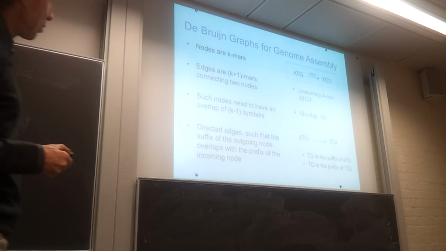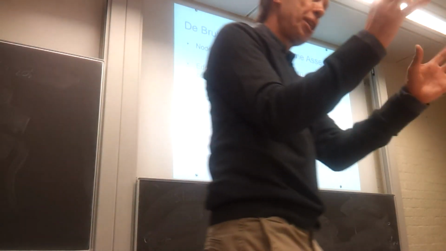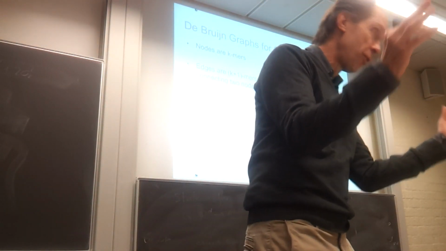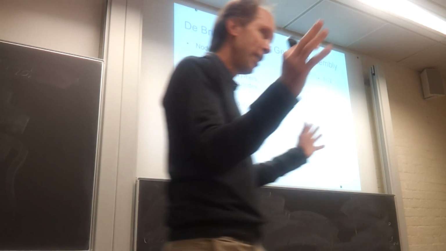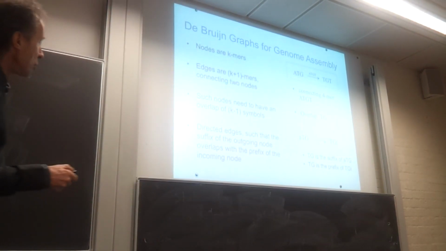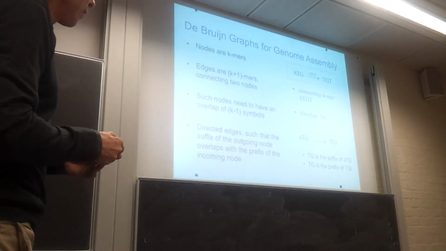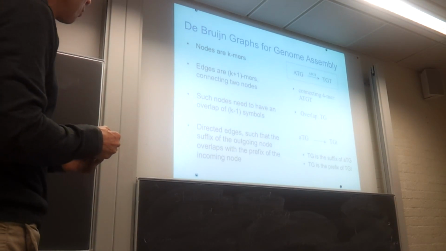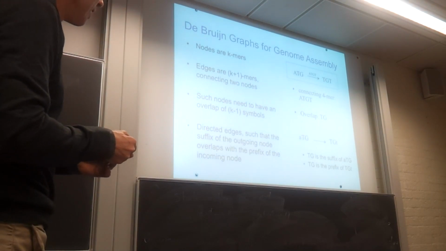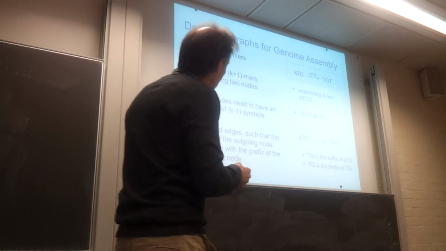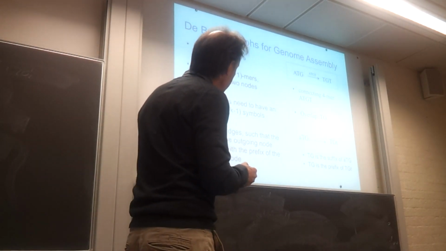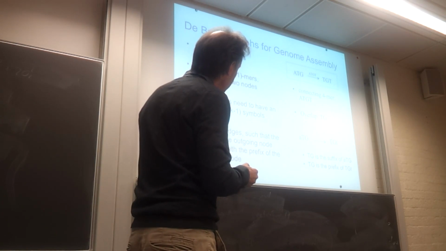We break up each snippet, be it 150 long or 1,000 long, depending on the sequencing technology used. You're going to break it up in small fragments of, say, words of 3 long. They're called k-mers, and k here is 3. And if you have a word of 4, ATGT, you can easily see that the first 3 letters are ATG, and the second 3 letters are TGT.